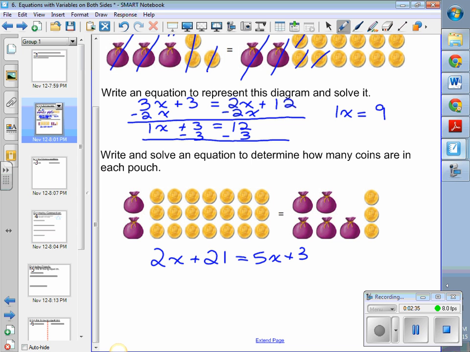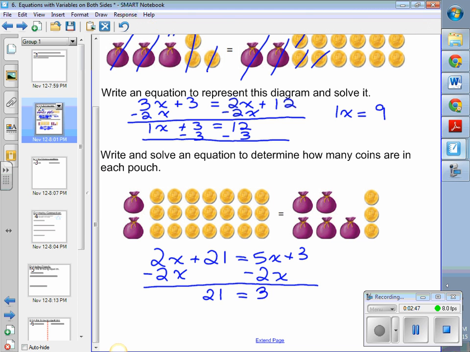So we subtract 2x on this side, leaving us with 21 coins on this side and 3 x's over here, and still the 3 coins.